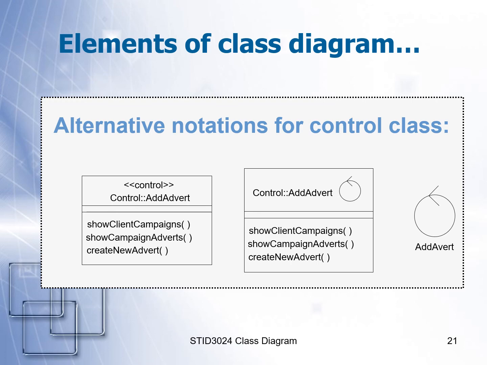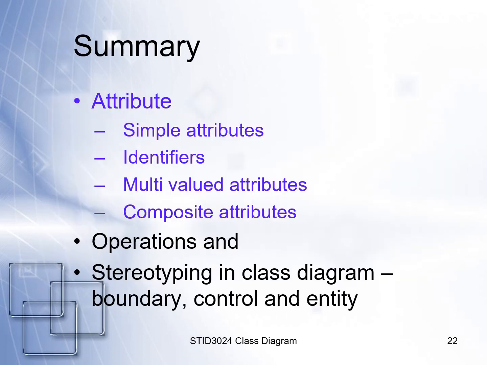Okay, and you can label the word control to represent the stereotype, and these are the methods. Again, for control class, most of the time you only have the methods.